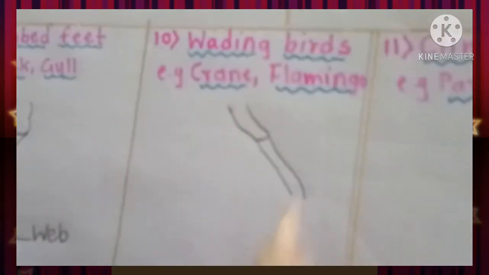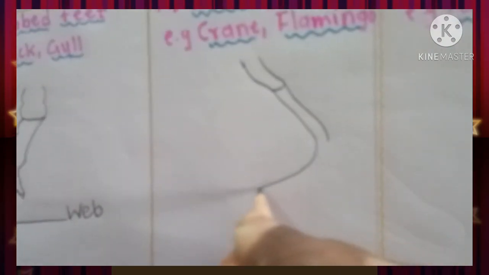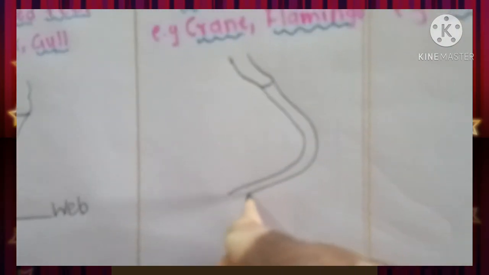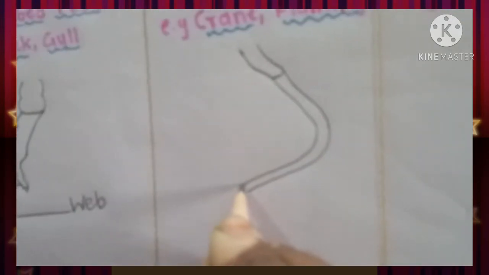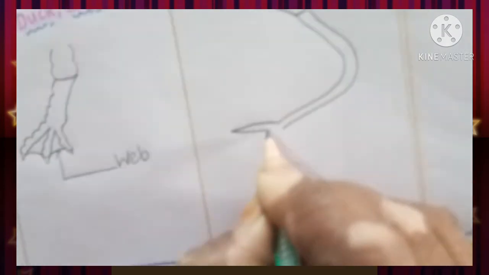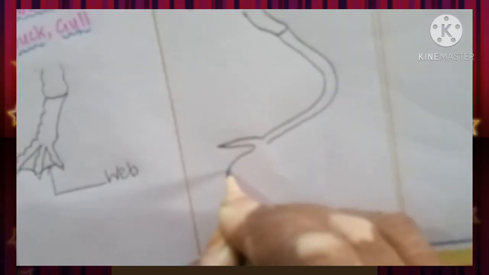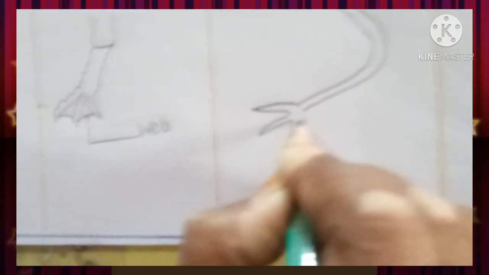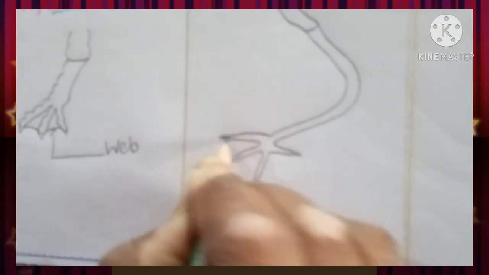They have very long feet, and their toes are widely spread. They are not near, they are widely spread, so that they can easily walk in a mud region also. This is the feet of wading birds.